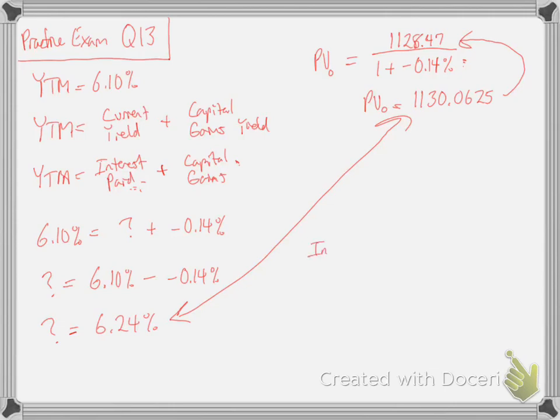So I'll just write it out here. Interest paid equals the price of the bond at the beginning of the year multiplied by this current yield of 6.24%, and that will give us the interest paid during the course of the year of 70.50.